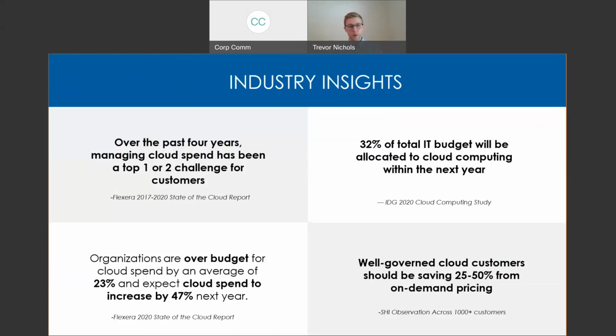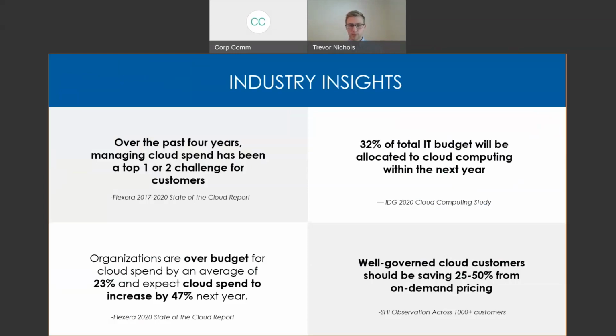But we do see that organizations continuously are over budget. So as much as gets allocated, the spend continues to outpace what is put in place. And as we see that spend continuously increase, it's important to capture the savings, which brings us to the final point here as an insight: working with over 1,000 customers in multiple clouds, we really see that realistically you should be saving about 25 to 50% off the on-demand, or publicly available, first tier of pricing.